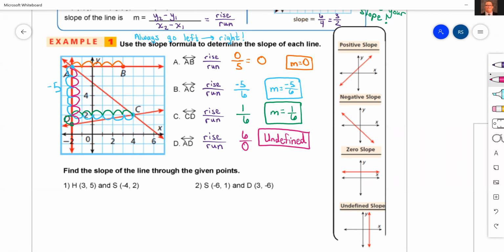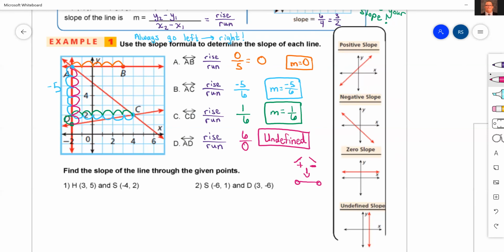So some of y'all may have heard of slope man. So slope man looks like, let me see if I can draw it. Positive slope, it goes up. Negative slope goes down. A vertical line is undefined. And then 0 slope.